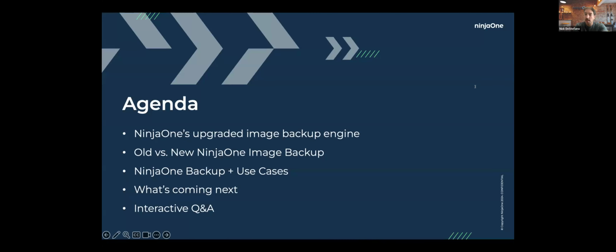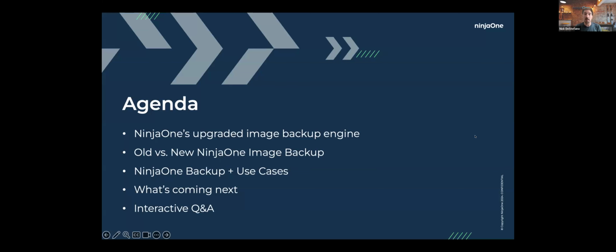Just to give you an idea of what we're going to talk about today, this is our agenda. We're going to introduce NinjaOne's upgraded image backup engine. We'll go over a brief comparison of our old image backup engine and the new one, some key differences, key upgrades, why NinjaOne Backup and Image Backup together is great to use, and how it can help solve some common use cases.